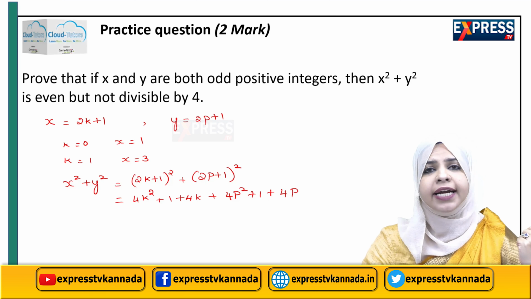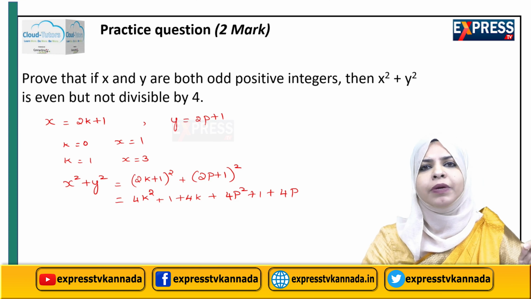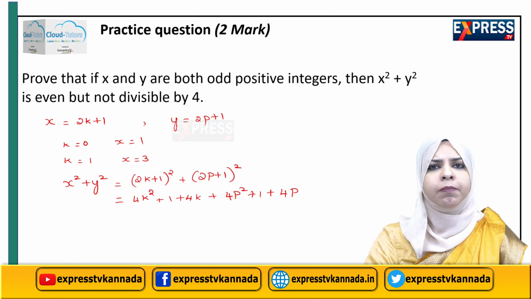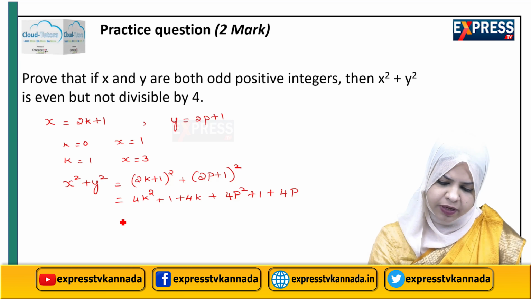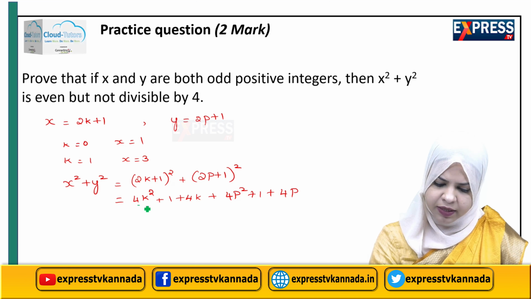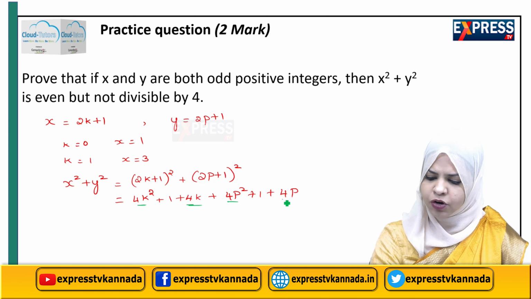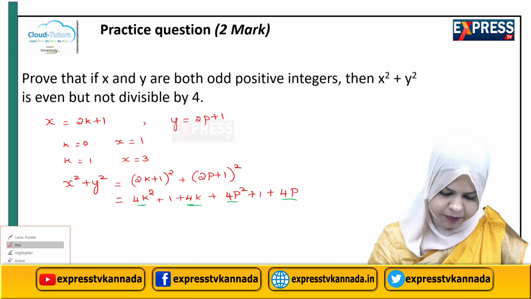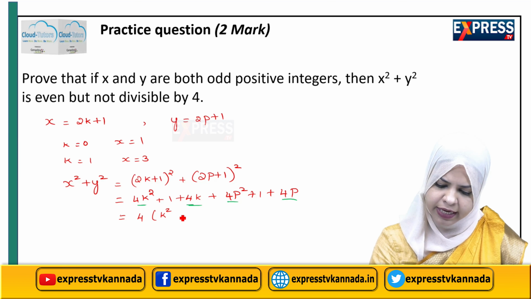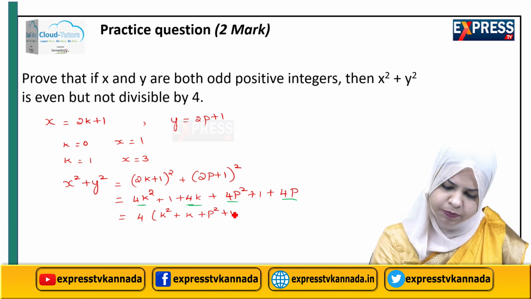I have used the identity a plus b the whole square, which is equal to a square plus 2ab plus b square. Here I can group these numbers wherein the factors are 4. So it is 4 into k square plus k plus p square plus p.